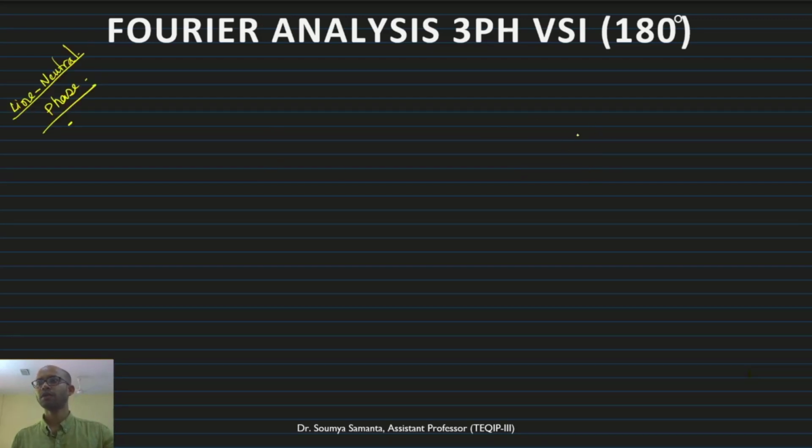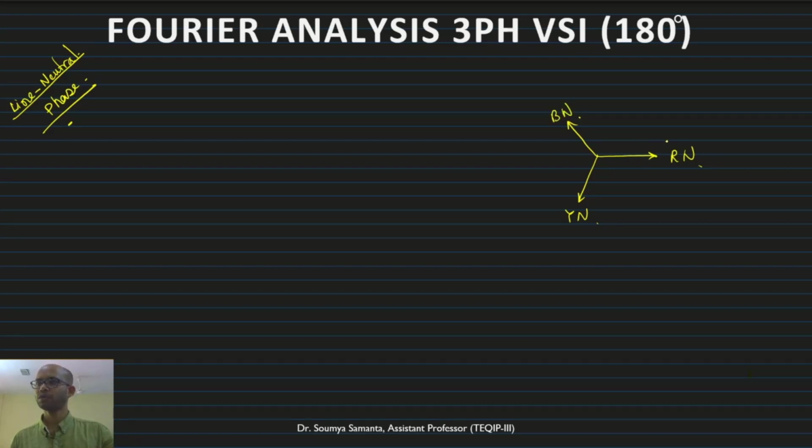Now if I consider the star connected condition, suppose RYB is the phase sequence. This is R, this is Y, and this is B. This is Rn, Yn. Obviously Vrn, Vyn, Vbn.